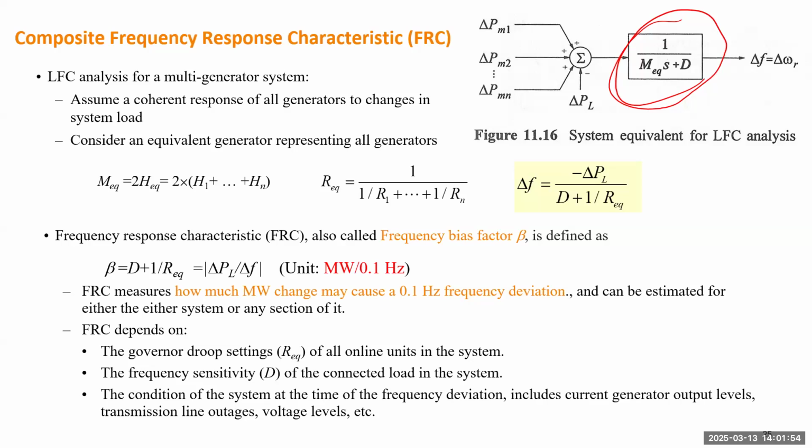It depends on the equivalent R. So if any generator changes the R, because here all the R's are considered as parallel branches of a circuit, any R decrease will significantly influence the final R. The final R equivalent depends on the most sensitive governor. If you make one governor very sensitive, that will change the R value, which means that governor will take over the frequency control for the entire system.